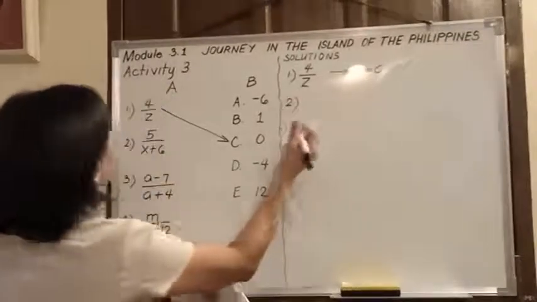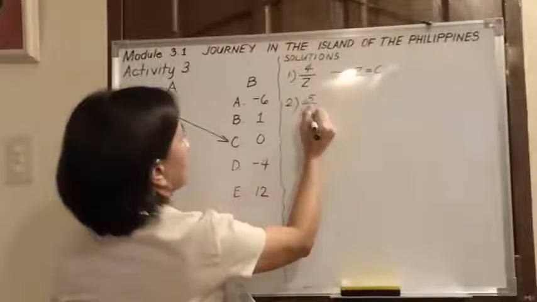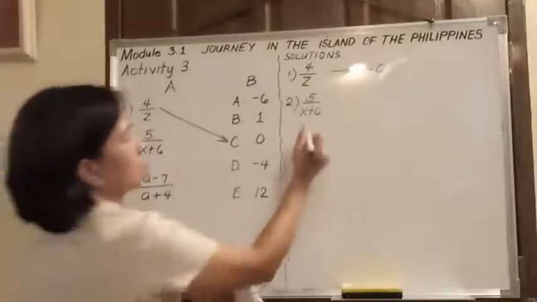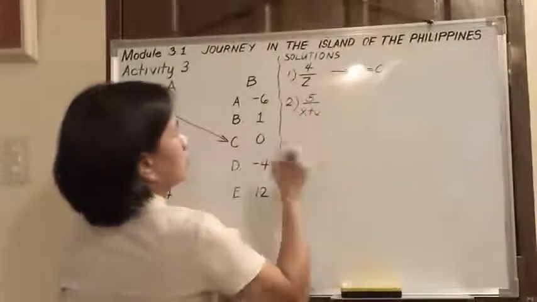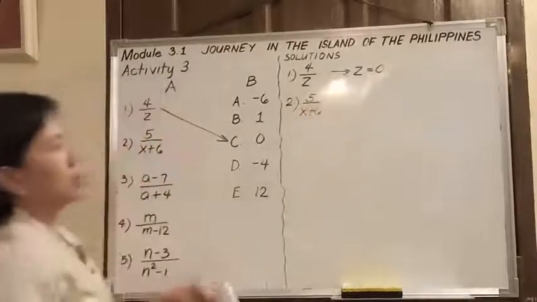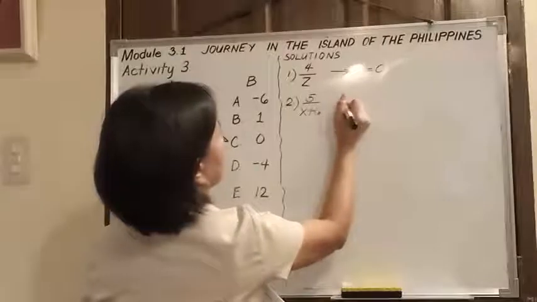Next, number 2. Solution for number 2, we have 5 over x plus 6. Our denominator is x plus 6. Let us equate x plus 6 to 0.